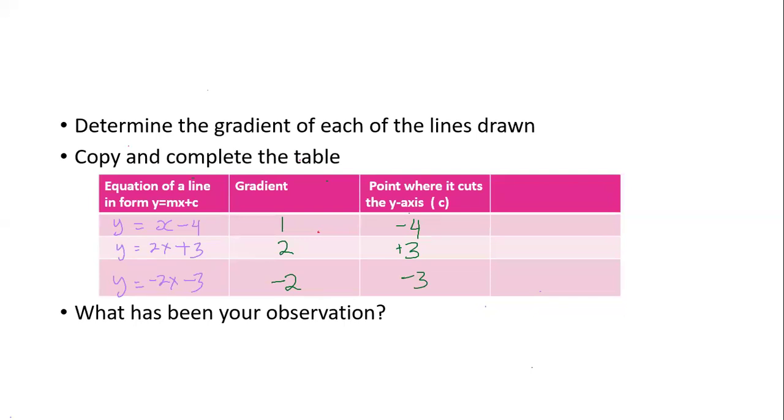Teacher, I really don't know what to say, but I've noticed that they're the same. Audrey, imagine this is my line, and I add y is equal to 3x plus 4. Can you tell us what you think the gradient is going to be?